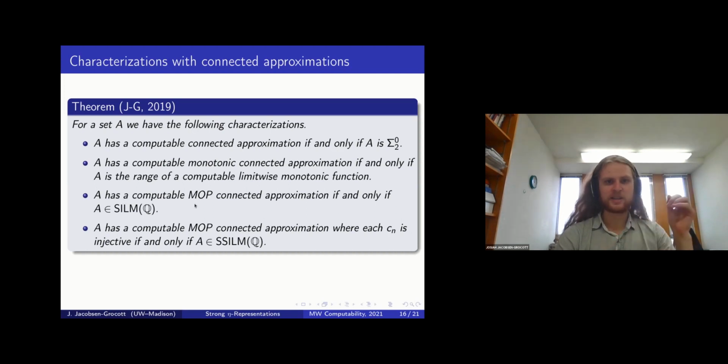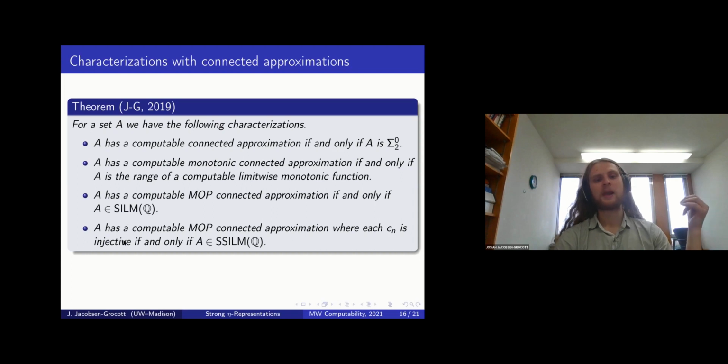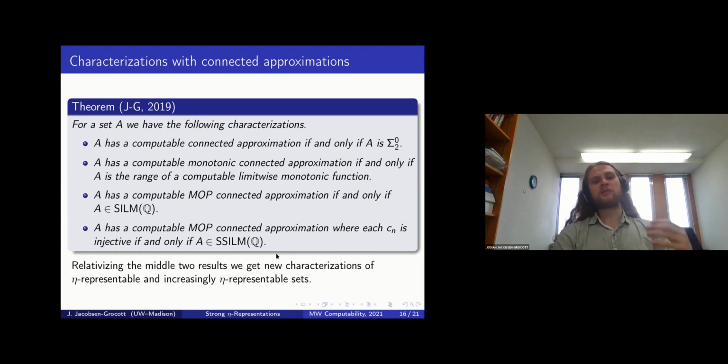And A has a computable monotonic order preserving connected approximation if and only if A is a member of sum Q, and A has a monotonic order preserving connected approximation where each Cn is injective if and only if A is a member of S sum Q. So if we relativize the middle two results to 0 jump, you can see that this is a new characterization of the eta representable sets and the increasingly eta representable sets.